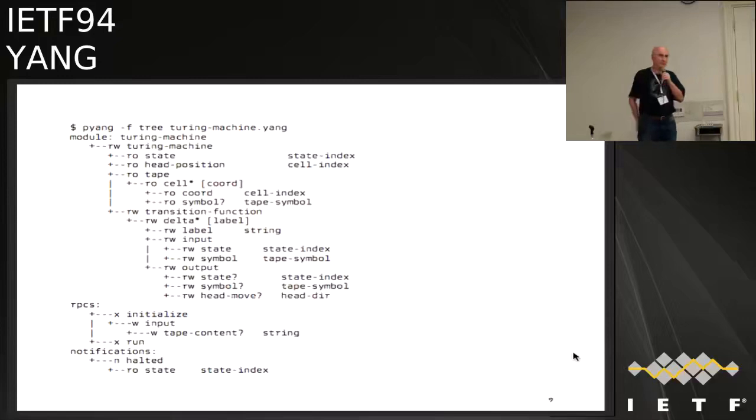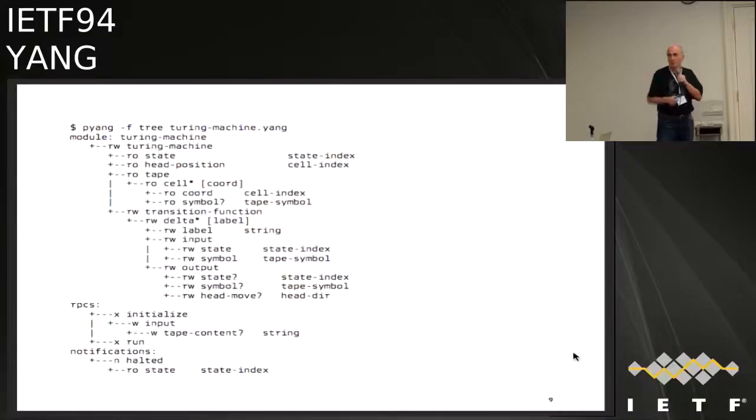Then we also have a configuration that describes the transition function for the Turing machine. And then we also have an RPC for the Turing machine, which enables you to initialize and start the computation. And the parameter there is the input, which means the initial content of the tape.